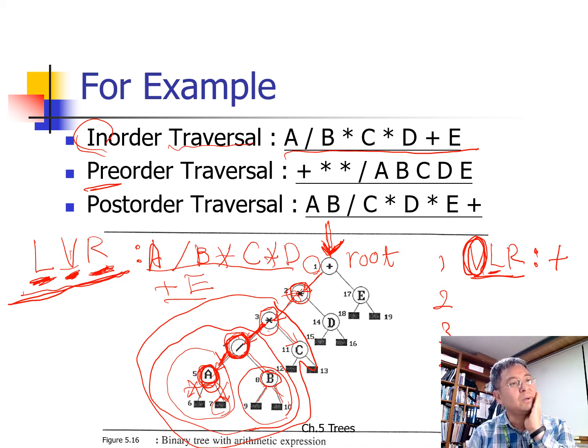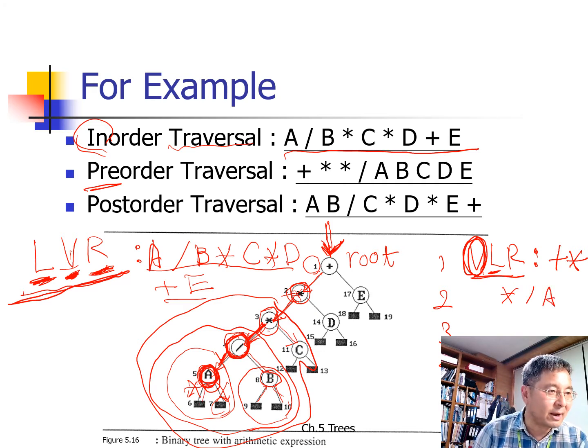At the left, we will read the value first, asterisk, and then going to the left, asterisk again, and then going to the left and read the values, and then going to A and read the values. At A, there are no L values, no R values, so this is finished. Going back.